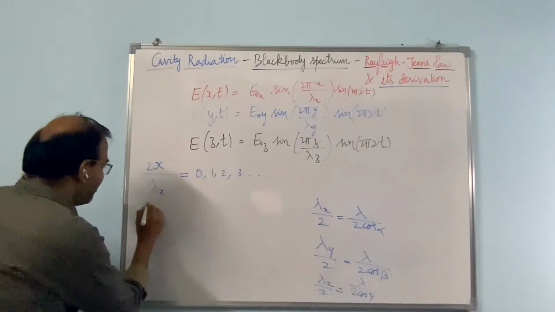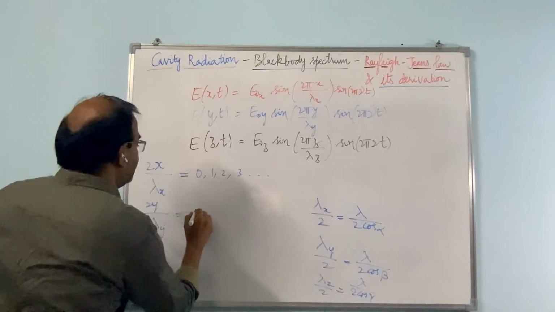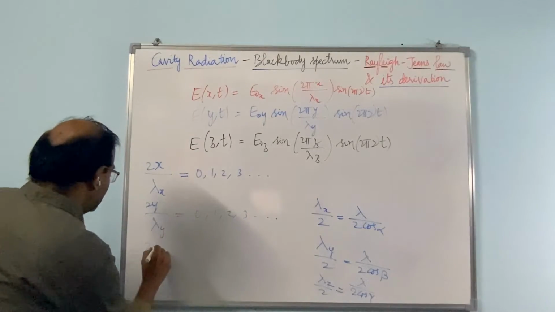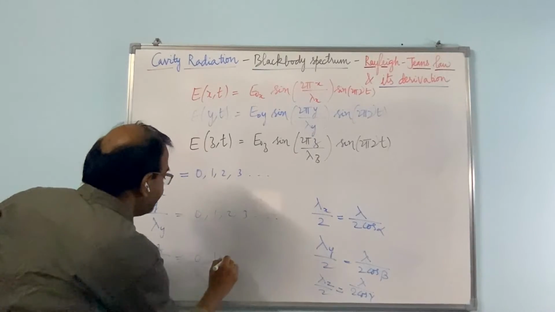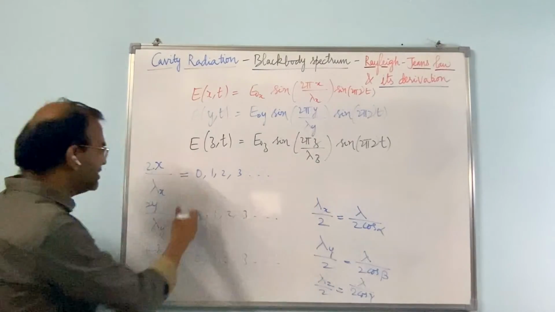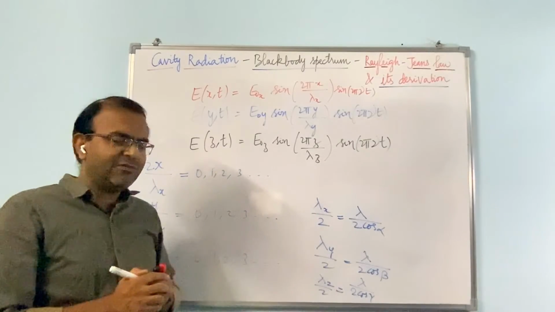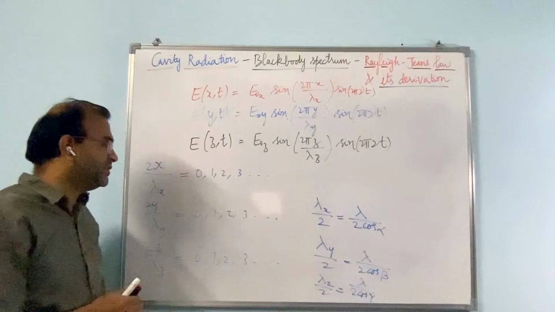And similarly we can write 2y over lambda y is equal to, and then 2z over lambda z is equal to. So these are the general conditions for these three components to vanish for forming standing waves with the nodes at those points, satisfying these three conditions.